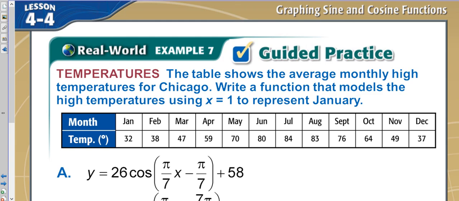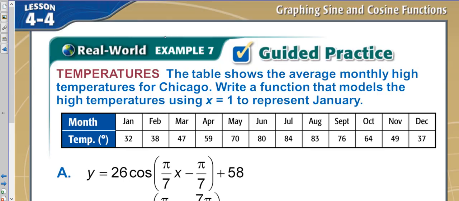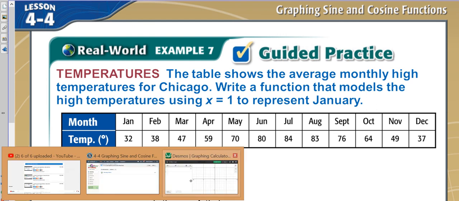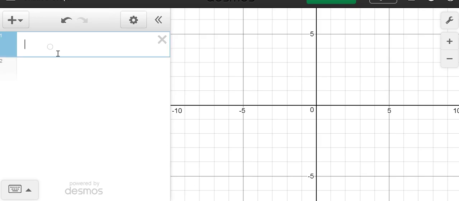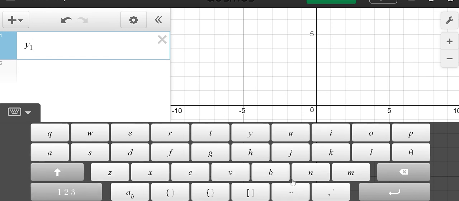You can walk through here to try to find this. And again, if you needed to use Desmos, as a reminder, you'll type in y1 equals, but instead of using an equal sign, if you want to use regression, you use this little squiggly. And then you put in the equation.